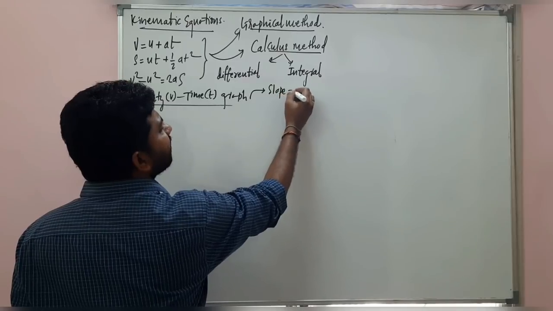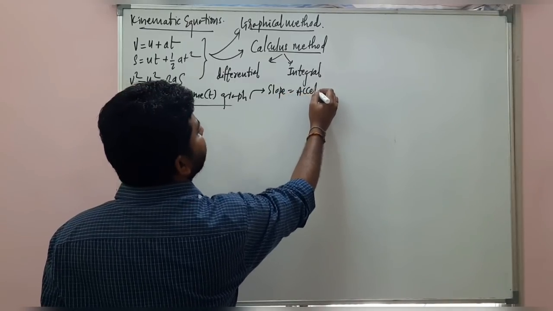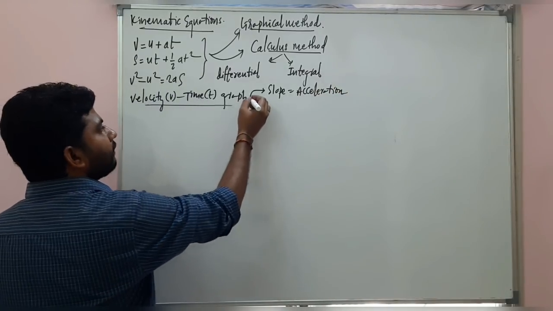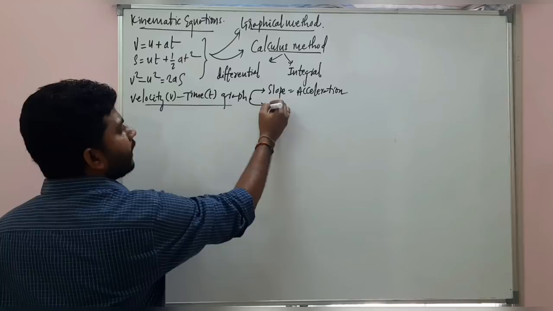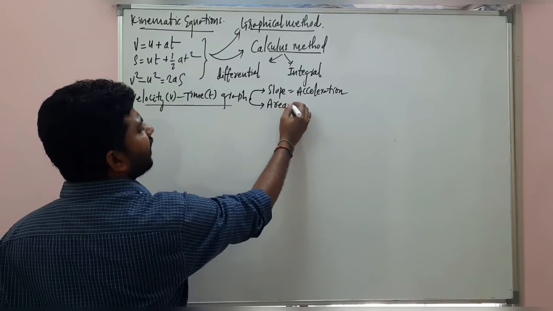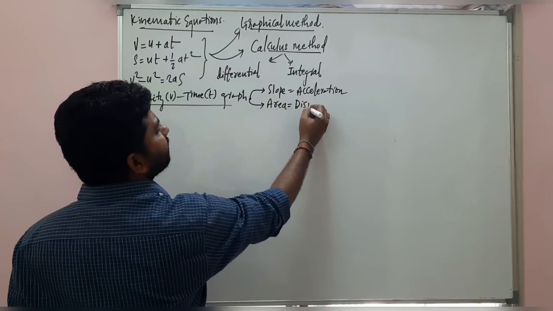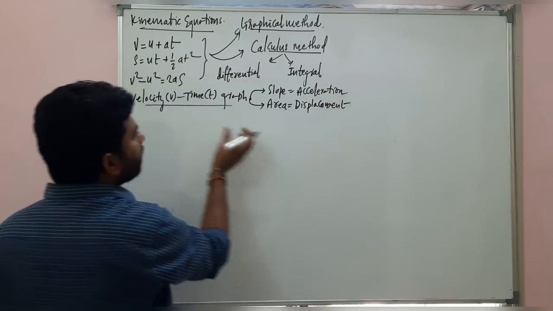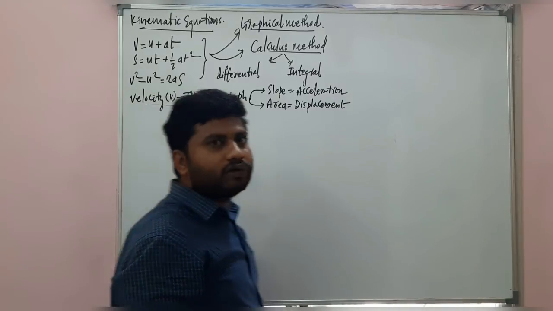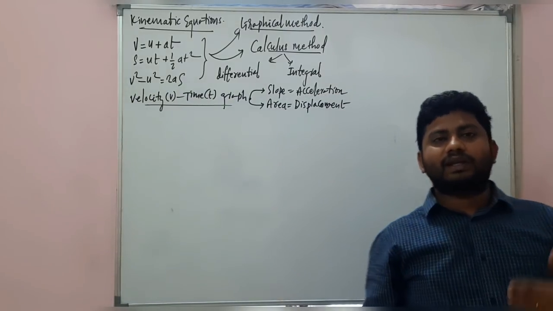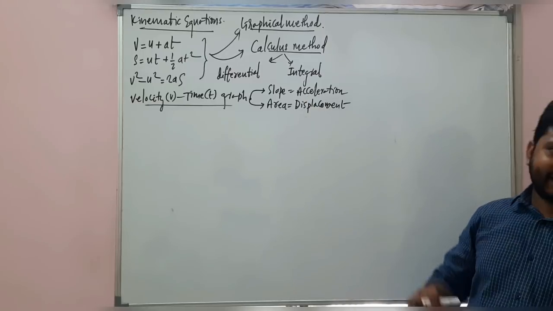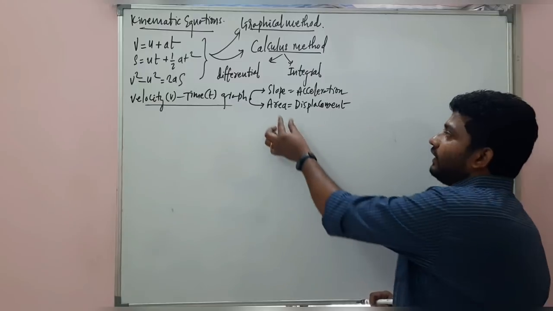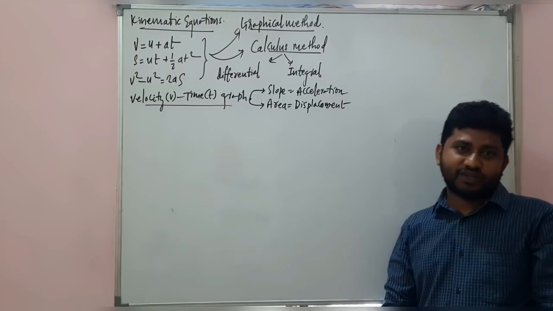Number one, slope of velocity time graph gives you acceleration. This you know already. And number two, area under velocity time graph gives you displacement. I told you so many times, whenever you hear a term called velocity time graph, immediately you should recollect these two things.